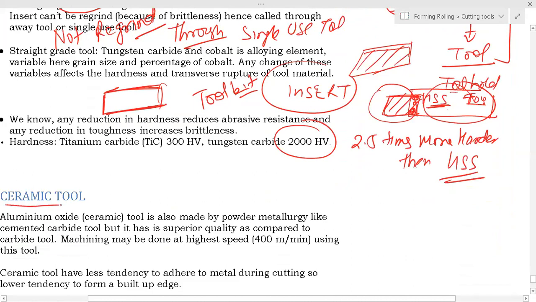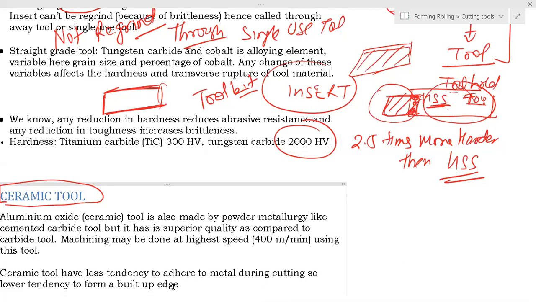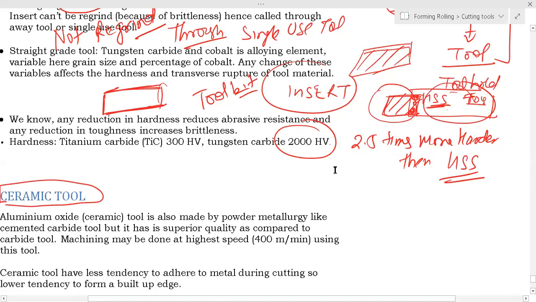Okay, fine. Now we'll understand the ceramic tool. Everybody understood the carbide tool, at least what I have discussed. Tell me whether you have understood the carbide tool or not.